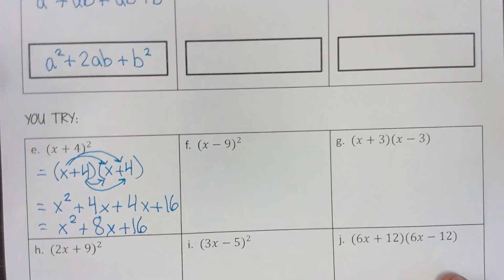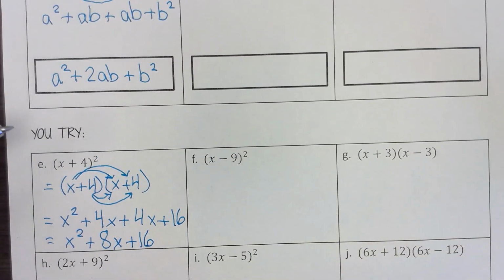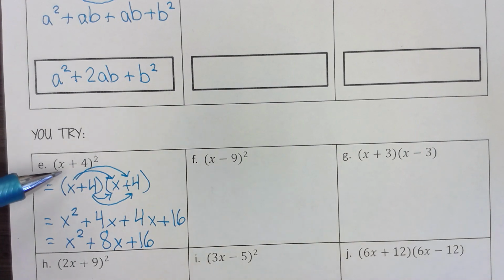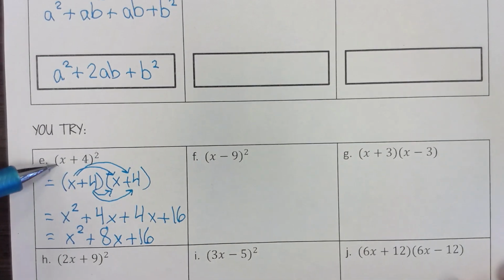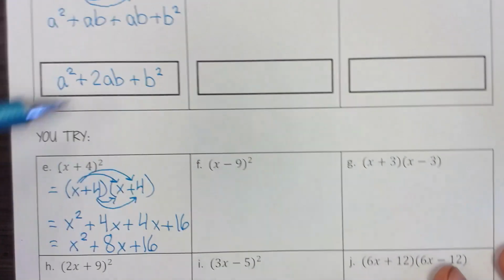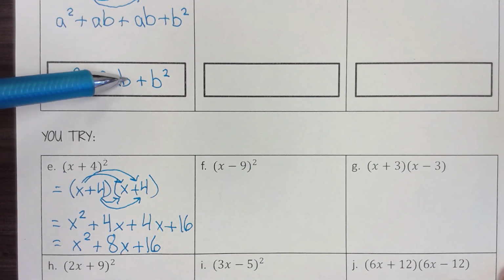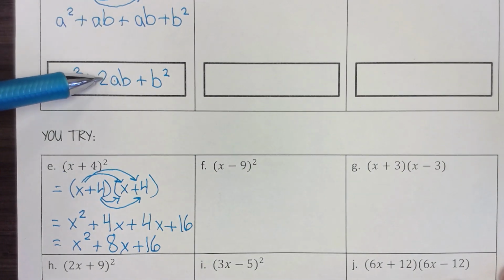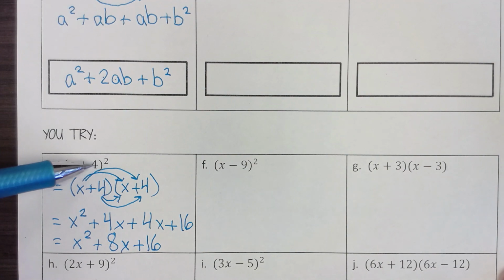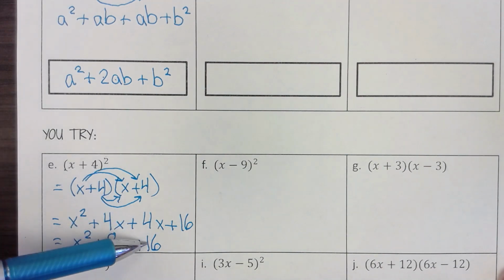So I hope now you can see that we have something special going on. We've got this x squared from right here. We've got this 4 times x 2 times, right? This 4 times x 2 times. And we've got this 4 squared right here.